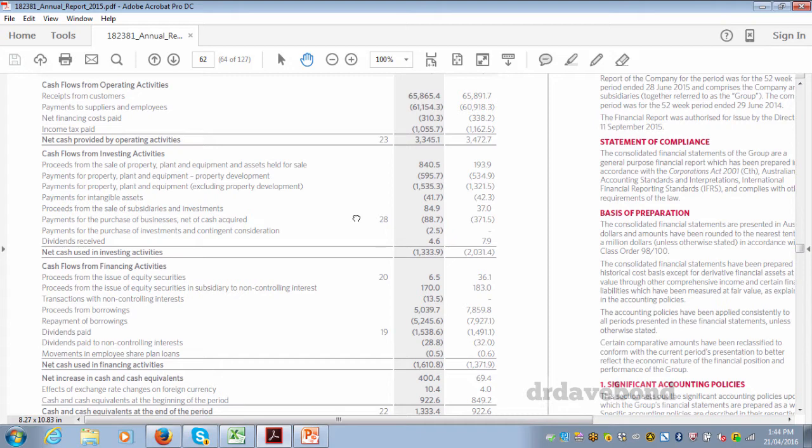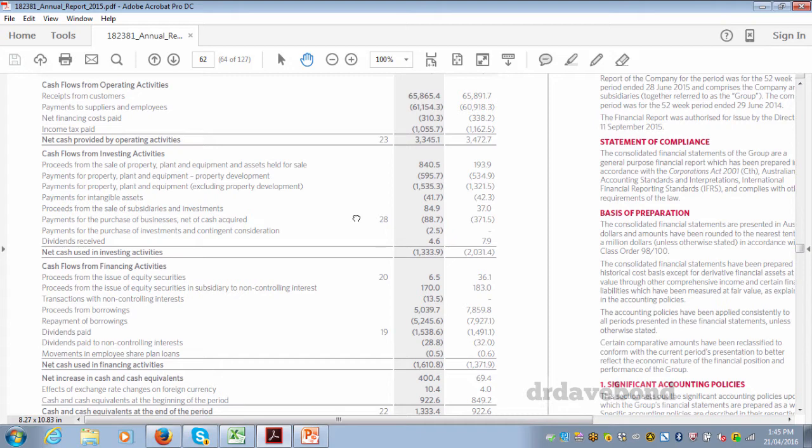It's large amounts, but they haven't really changed their situation. So these net out, and what you're left with as the other big amount is dividends paid. They've paid out in cash $1.5 billion in dividends, and that payment really drives the financing activities being negative. There are a few other bits and pieces, but that 1.5 is basically what drives it.